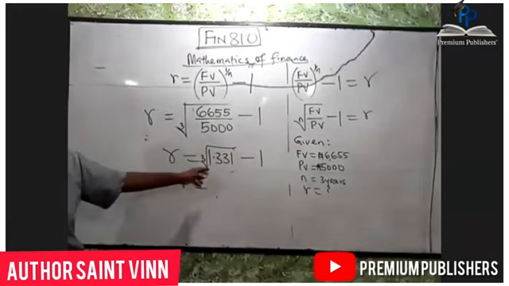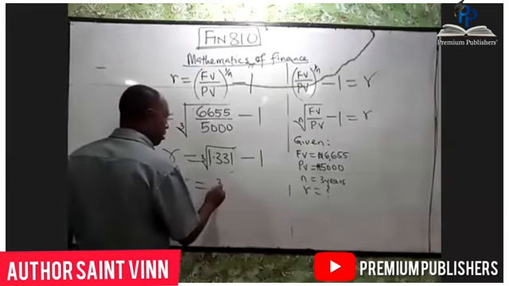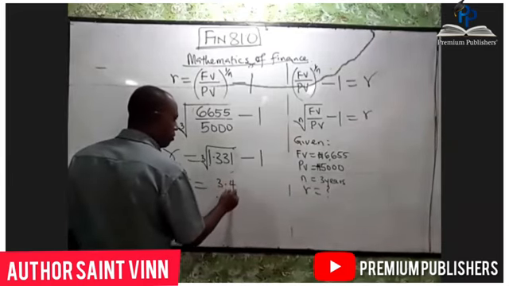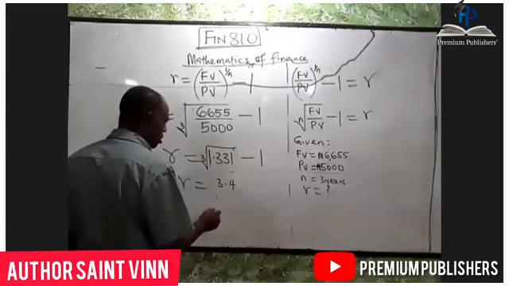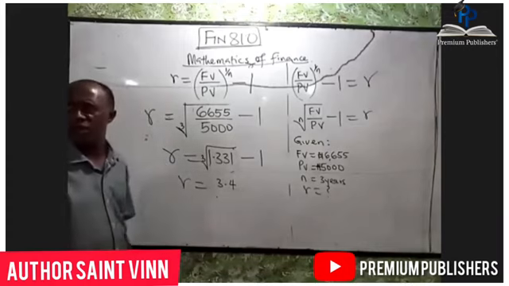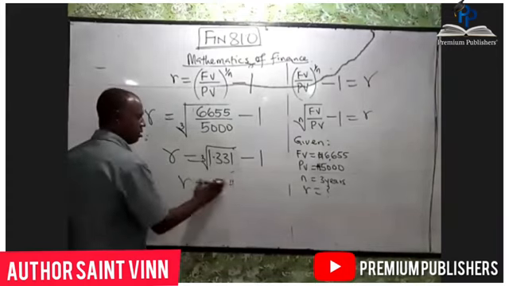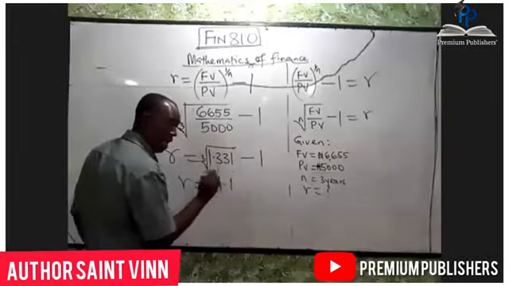Cube root of 1.331. Are you sure? Cube root of 1.331 is 1.1. Is that correct? That's what I have.